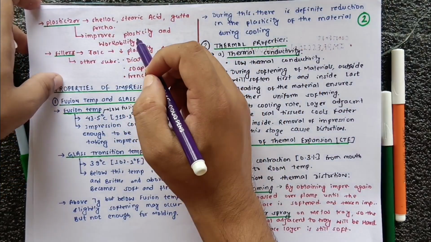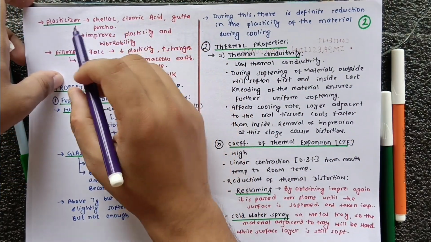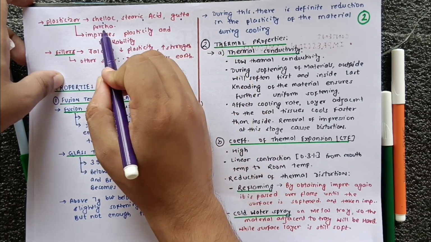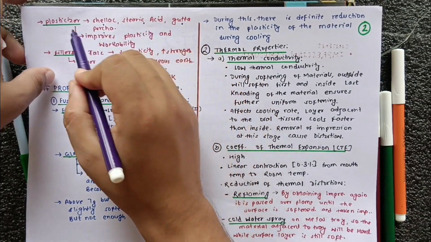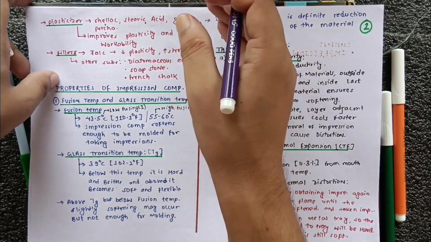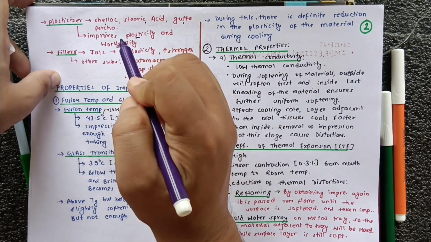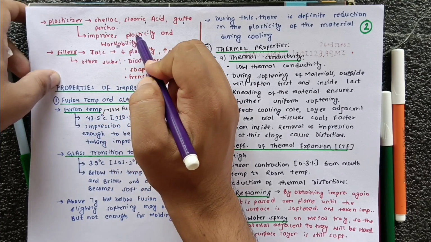That plasticity is brought by the plasticizers, and the plasticizers contain stearic acid and gutta percha. These are the ingredients used in this impression compound, and they improve the plasticity and also the workability of that compound.